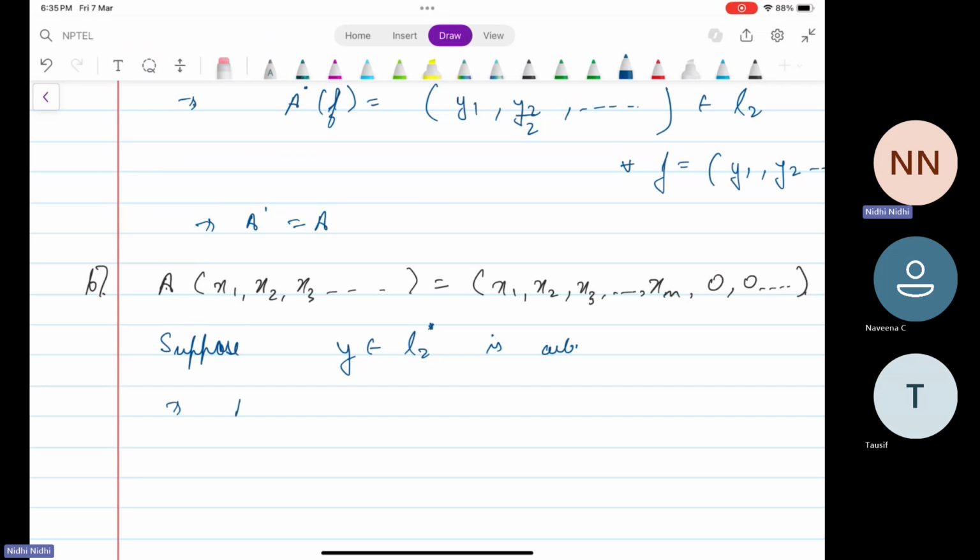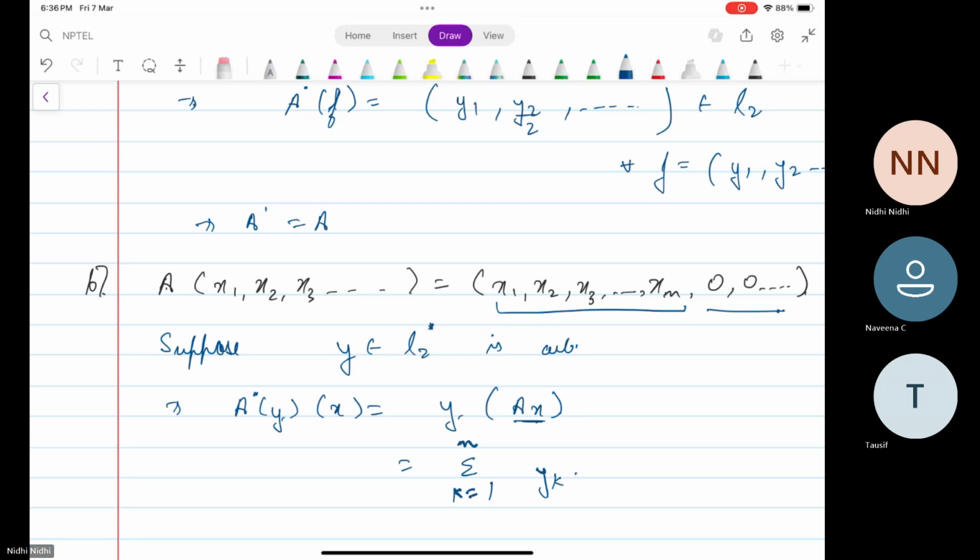This implies A star y at any point x is y at Ax, which is summation. Now, since Ax has just first n terms non-zero, rest of the terms are zero. So this sum will be from 1 to n, and this is yk times xk.